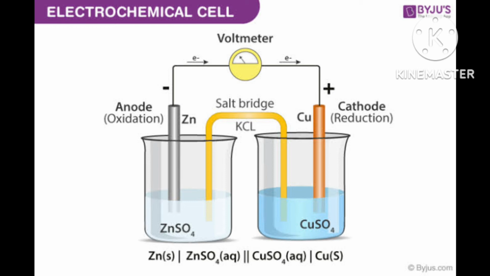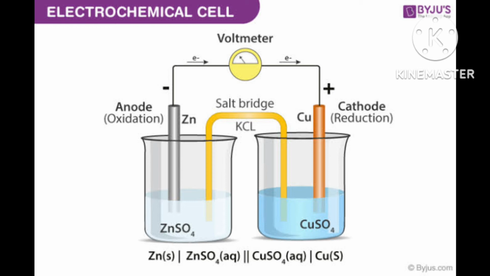The copper metal is dipped in the copper sulfate solution. Copper sulfate solution means Cu2+ is there, and SO4 2-. This cupric ion, because it has 2 positive charges, as soon as the electron comes on the surface of the copper and reaches near the solution, the Cu2+ ion will quickly take those 2 electrons.